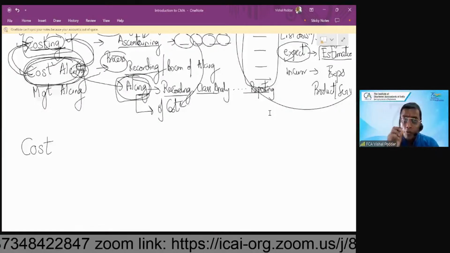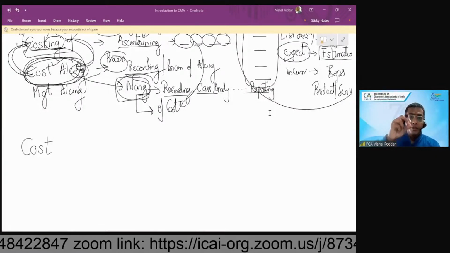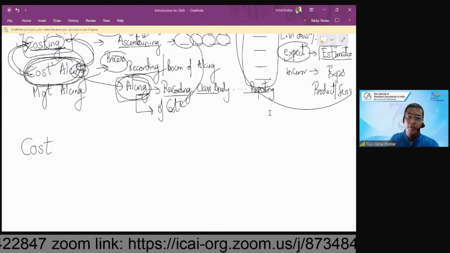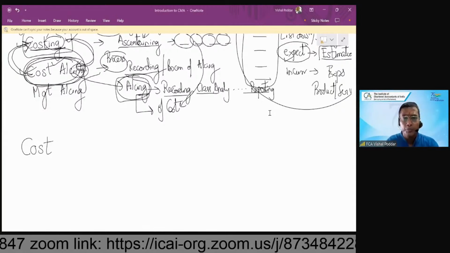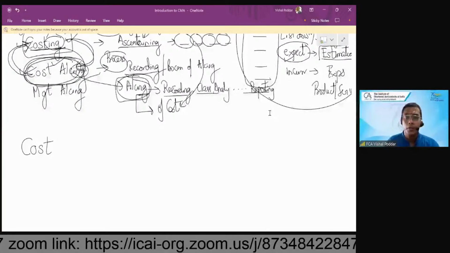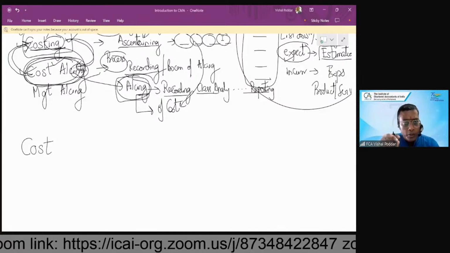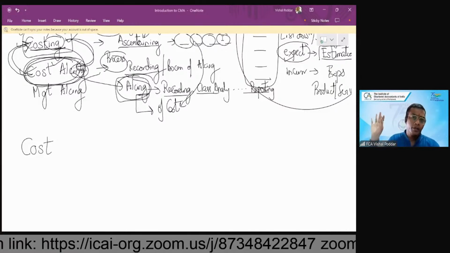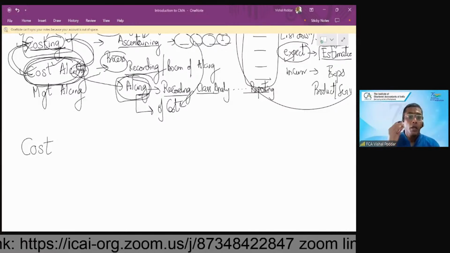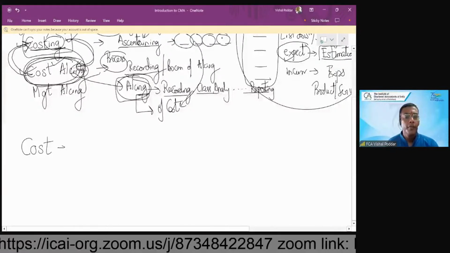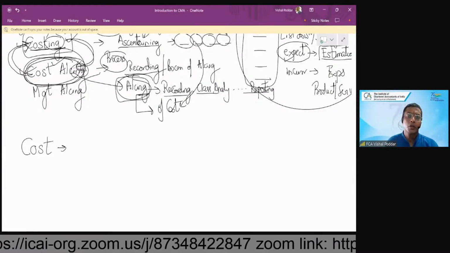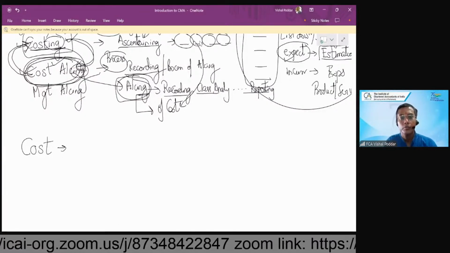Firstly, I want to give you the concept. Once you understand the concept, understanding the module definition and even remembering it would be easy. So now my question to you is, we have been using this word cost in our day-to-day usage, as I already gave an example. Tell me, what do you understand by this word cost? So what is cost according to you? Anybody?